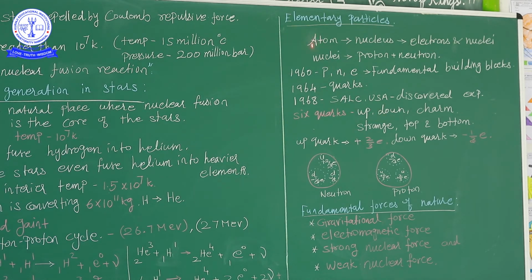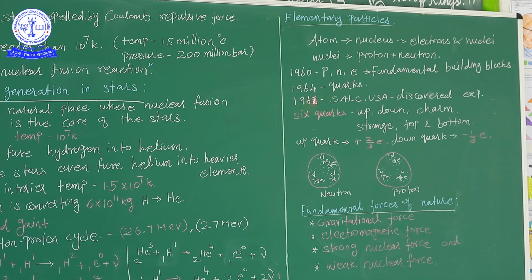So we know the atom, nucleus and electrons. The nucleus contains protons and neutrons. Only these particles were known as the fundamental building blocks. The proton and neutron are made up of quarks. Electrons are fundamental or elementary particles because they are not made of anything else.